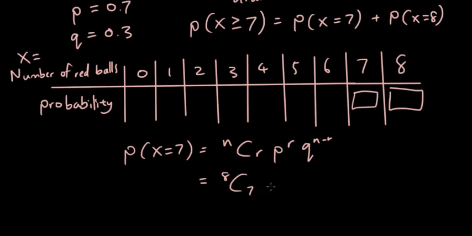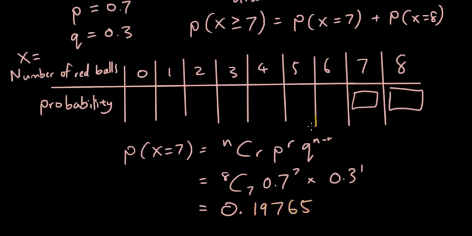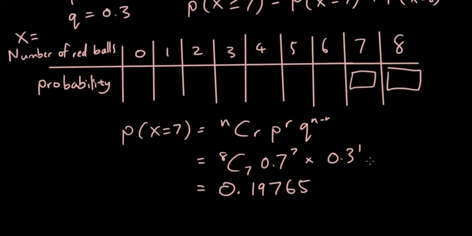The probability of success is 0.7 to the power of 7 times the probability of failure, which is 0.3 to the power of 1. So put that in the calculator and you'll get 0.19765. If you guys don't know how to type this in the calculator, please look at our previous lesson.